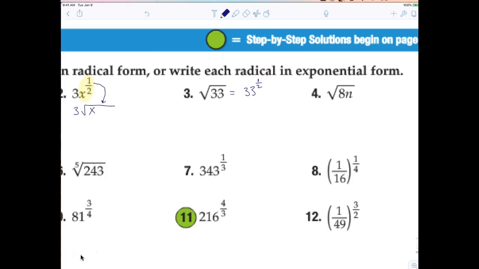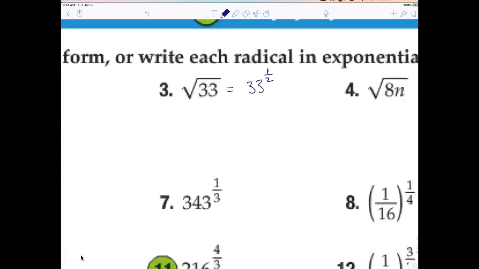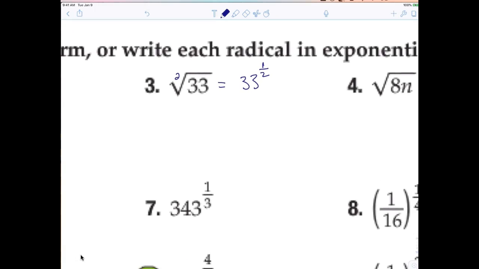Well, because again, there is an understood 2 here, and 33 is to the 1st power. So 1 is the numerator, and 2 is the what? The denominator.